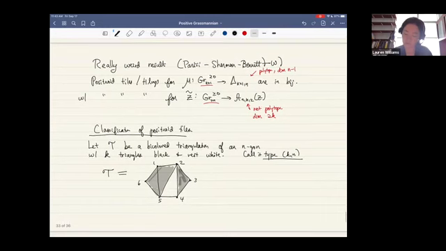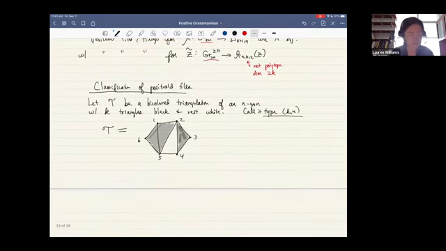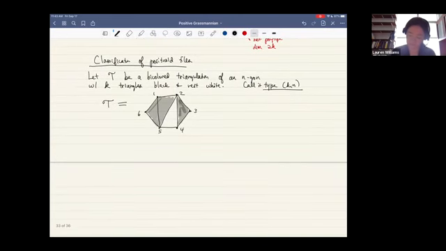And now I'm going to use this object to construct two different plabic graphs. So we use tau to construct two plabic graphs.